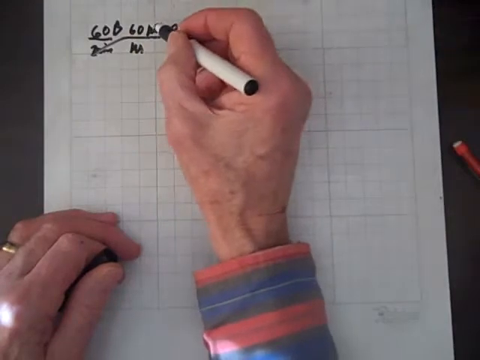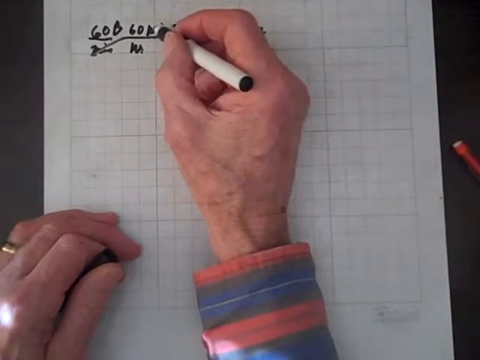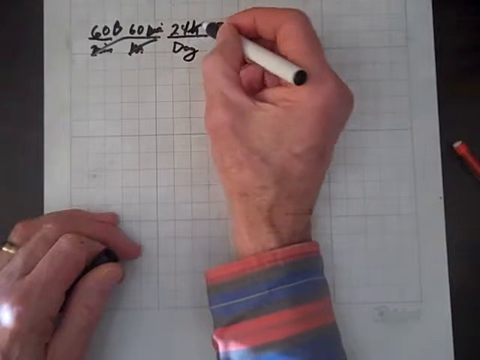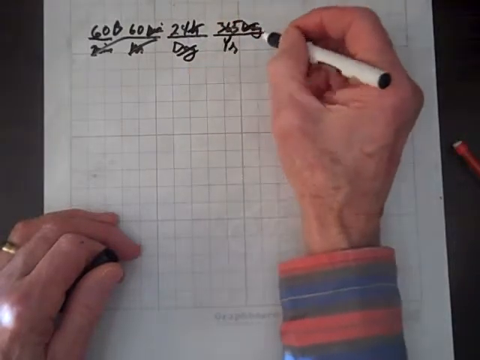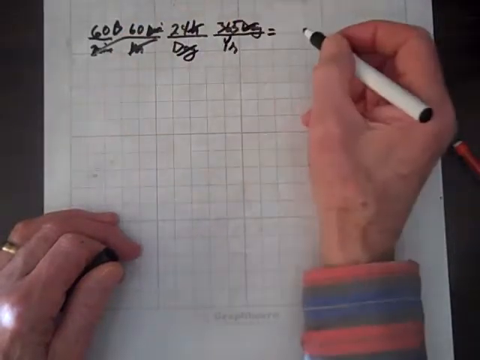So the minutes divide out, the hours divide out, the days divide out, and we get units of heartbeats per year.